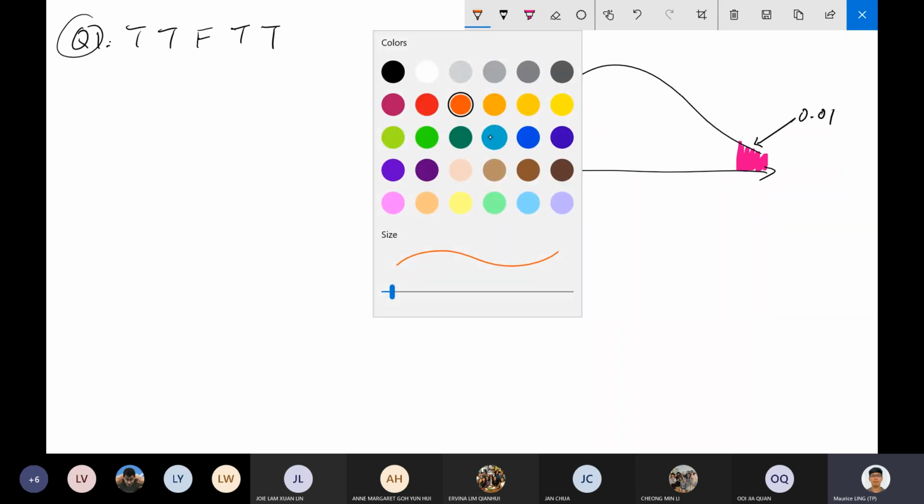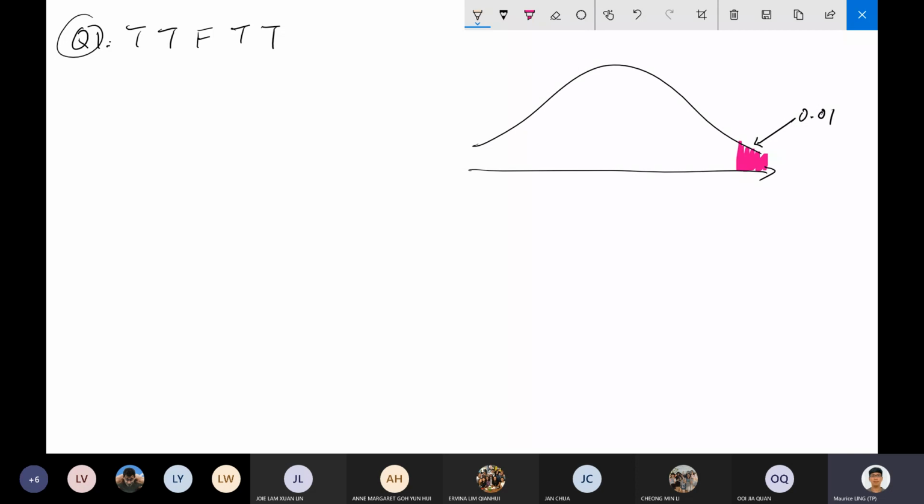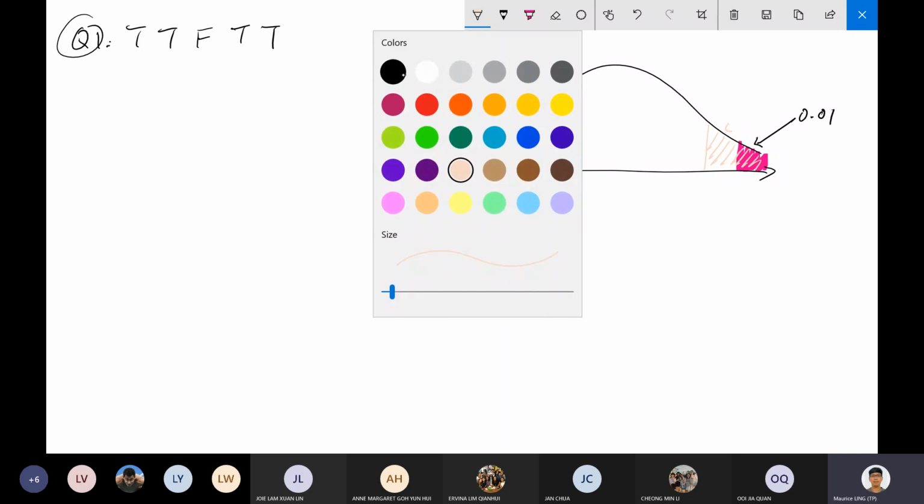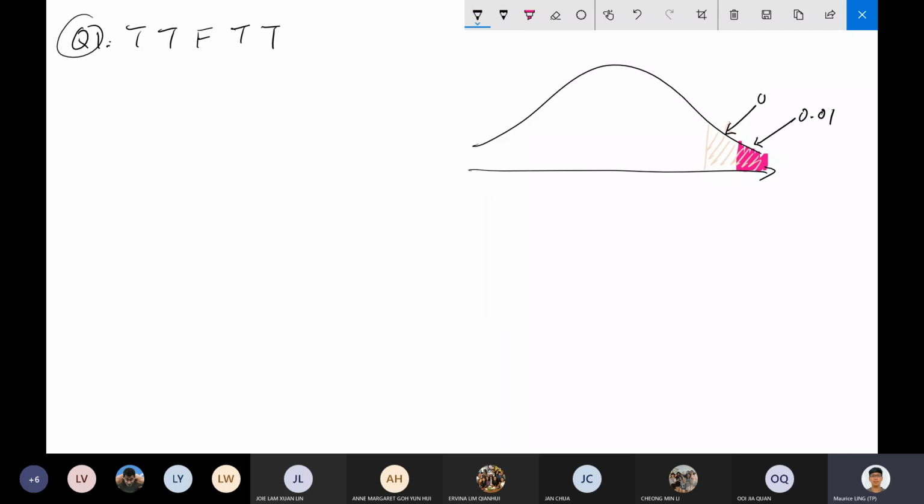This beige region is 0.05. If it's significant at 1%, that means it's here. It will be significant at 5%. If it's significant at 5%, maybe it can be here. It may not always be significant at 1%.